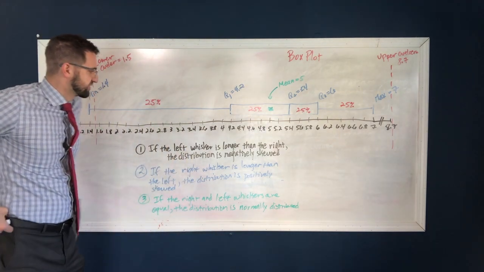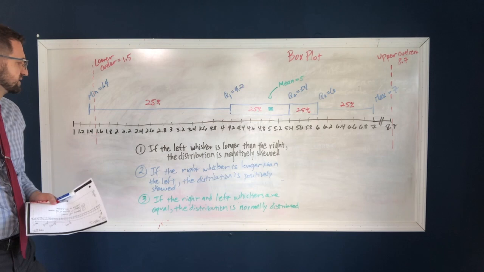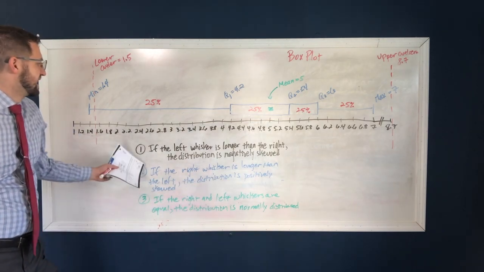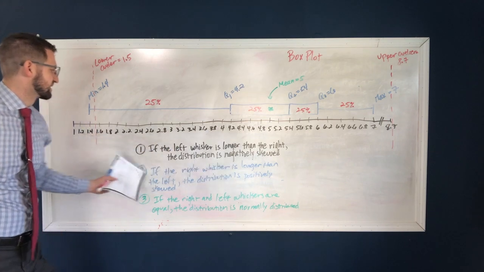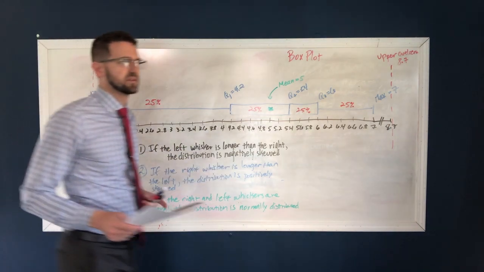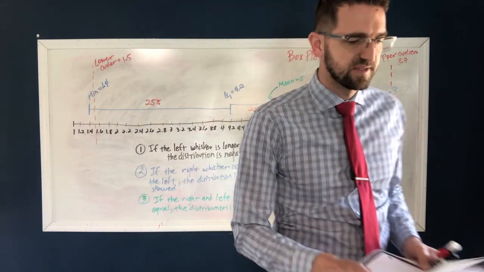If the right and left whiskers are equal, the distribution is normally distributed. If the right whisker is longer than the left, the distribution is positively skewed. Okay, so those are different ways of looking at skew.